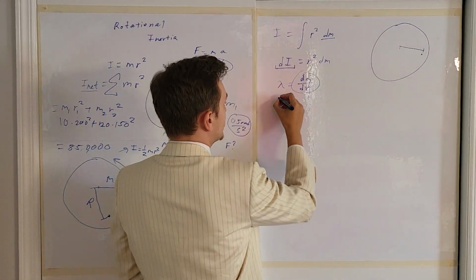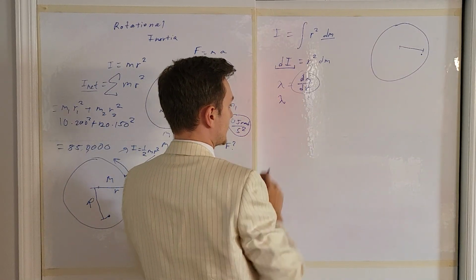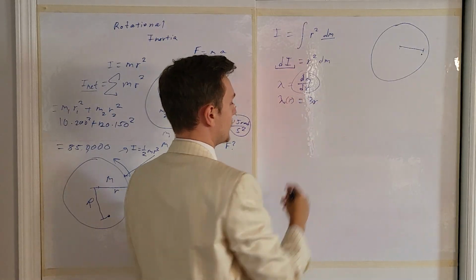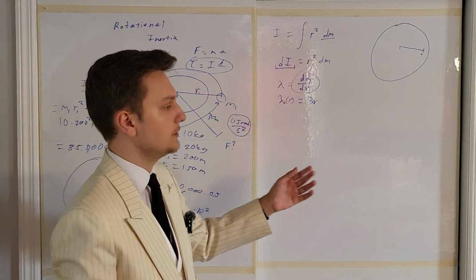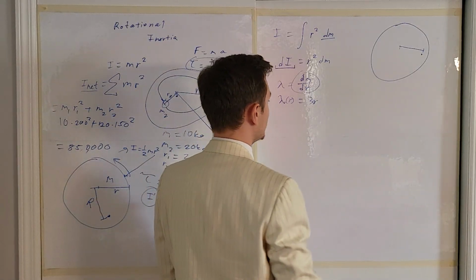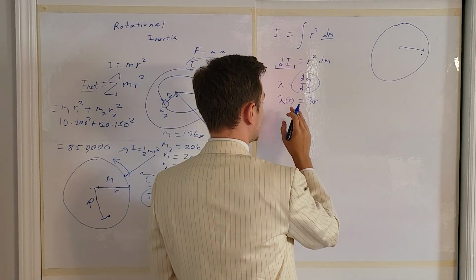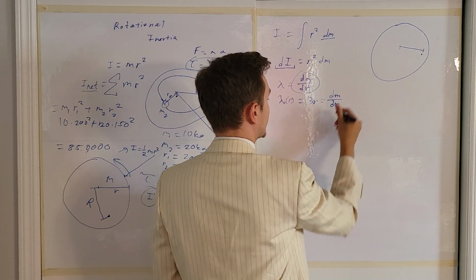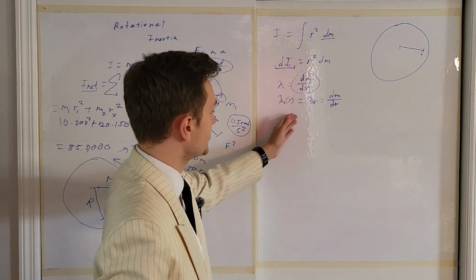It's going to give you that your linear mass density, lambda, as a function of r, equals, let's say, 3r, okay? And it's not going to tell you that this is your derivative of mass with respect to radius. What I like to do is immediately say lambda equals 3r equals dm/dr, okay? Let's analyze what this means.